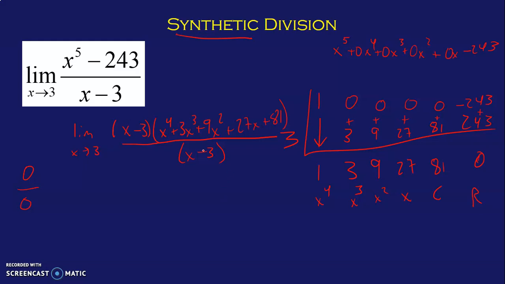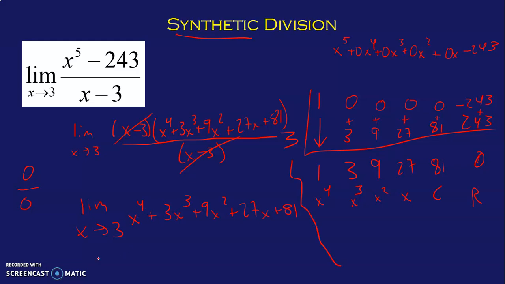If I plugged in 3 here, I'd still be dividing by 0, so I need to cancel these out and rewrite this as the limit as x approaches 3 of x to the 4th plus 3x cubed plus 9x squared plus 27x plus 81.